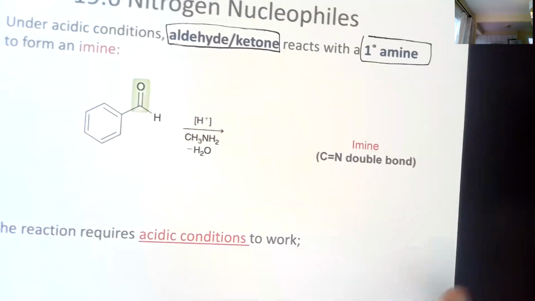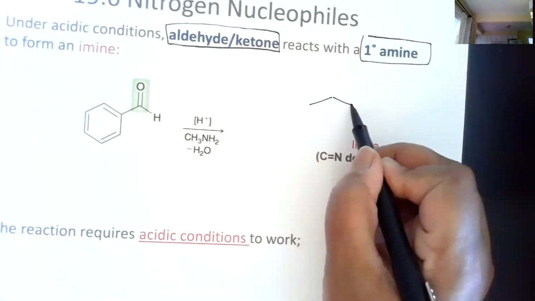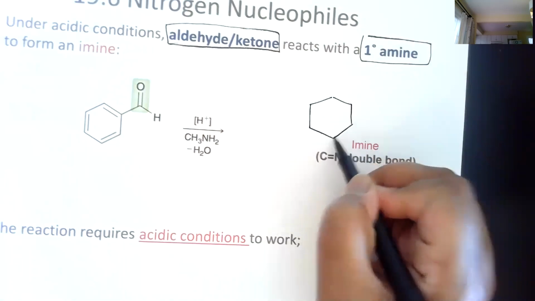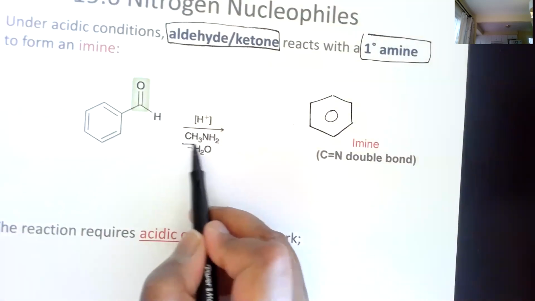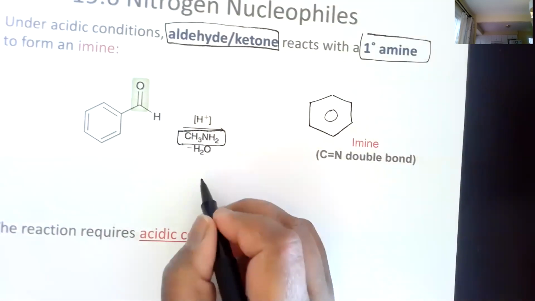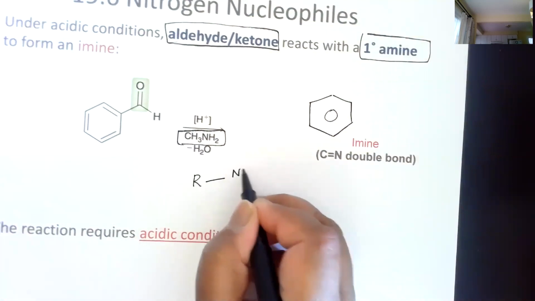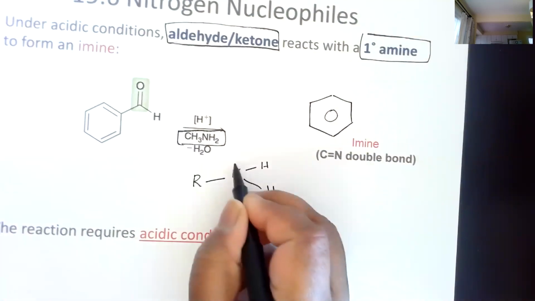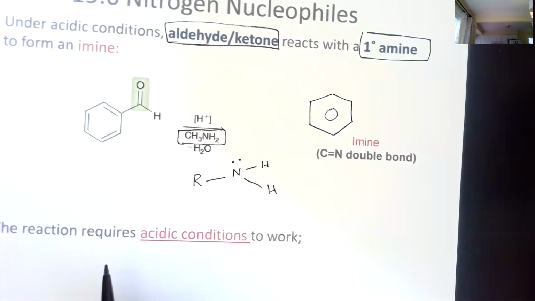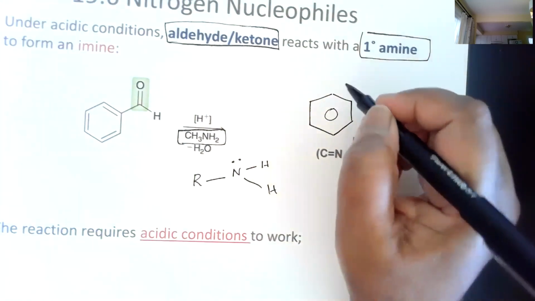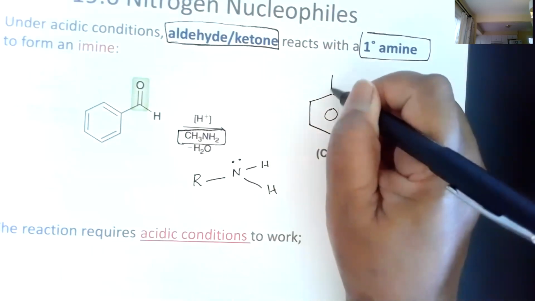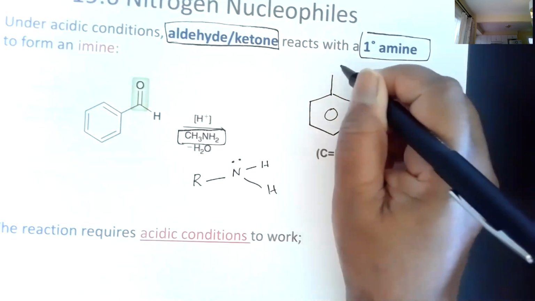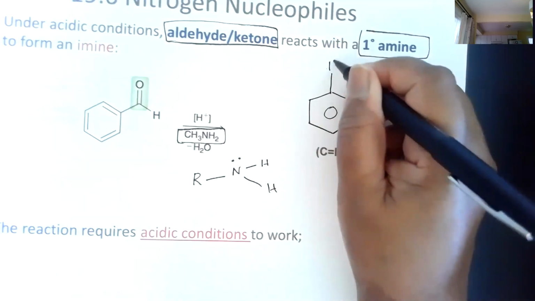So now what happens here? Okay, that's your benzene ring. This is your primary amine. Right? Just call it a hydrogen.